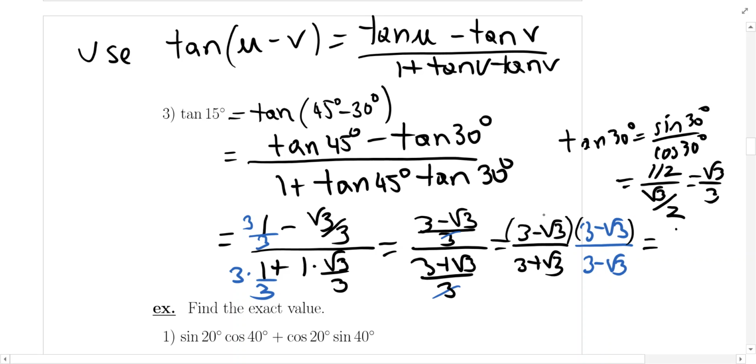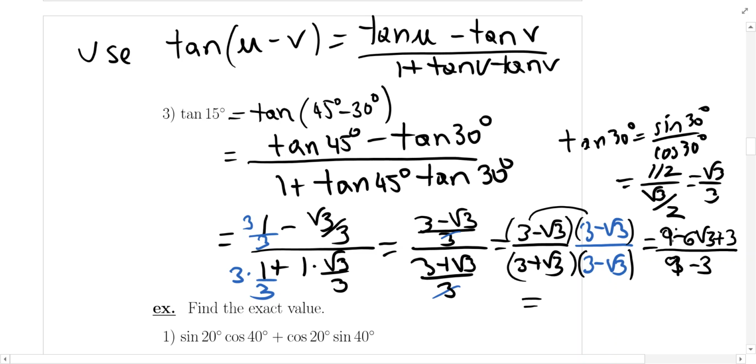When I calculate this using FOIL, this is going to give me 9 minus 3 root 3, and then minus 3 root 3. That's going to give minus 6 root 3, and then plus 3 over. When I FOIL this, it's going to give me 3 squared, which is 9, minus 3.